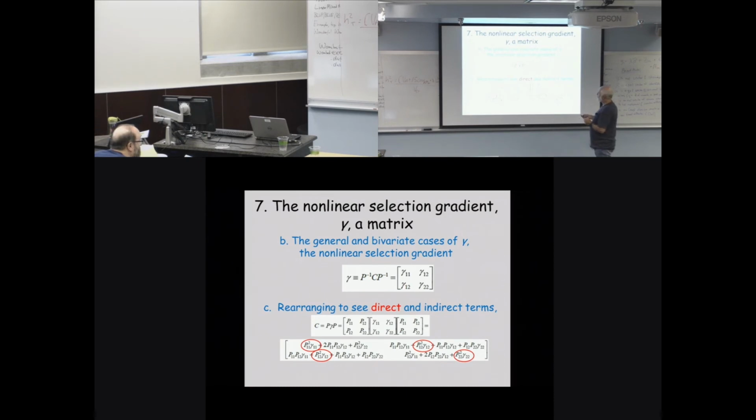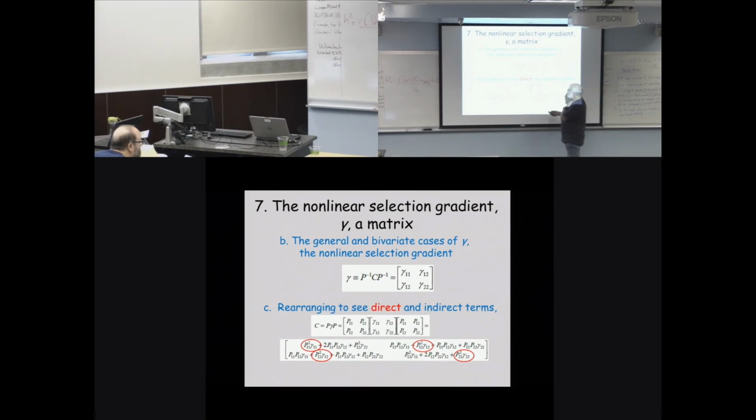And now, when we multiply this out, just as when we did this before in the case of S, now in the case of beta, we can see the direct and indirect effects of selection.